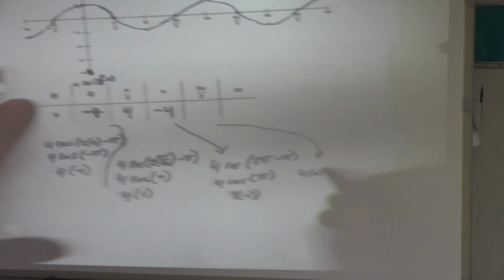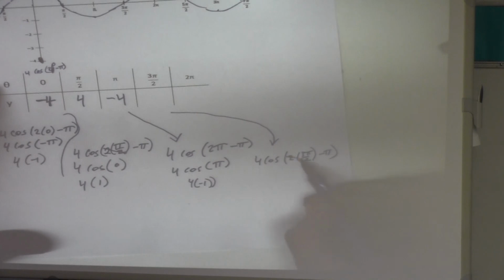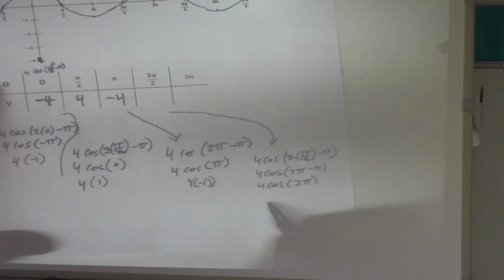4 cosine 2 times 3 pi over 2 minus pi, all right? The 2's cancel out, so I have 4 cosine 3 pi minus pi, which is 4 cosine 2 pi.